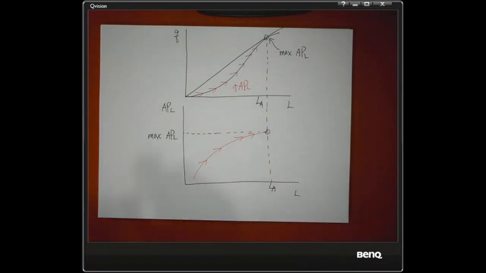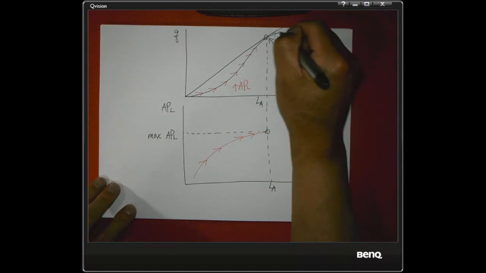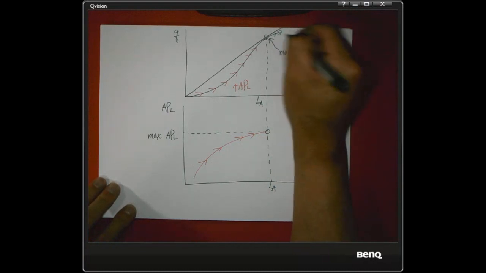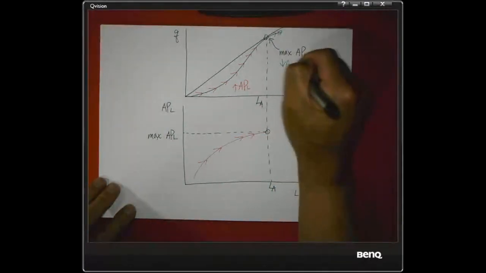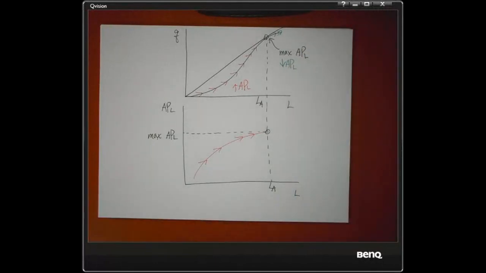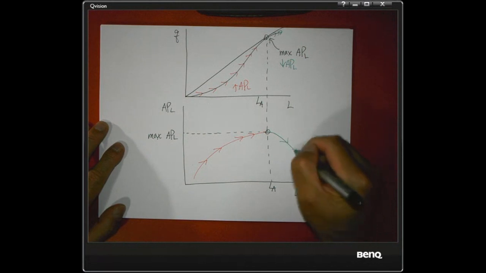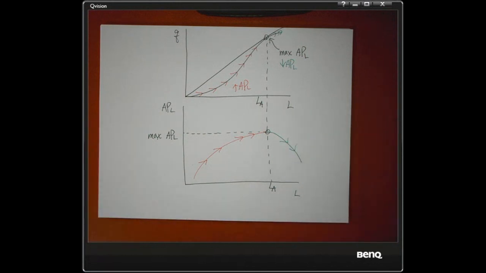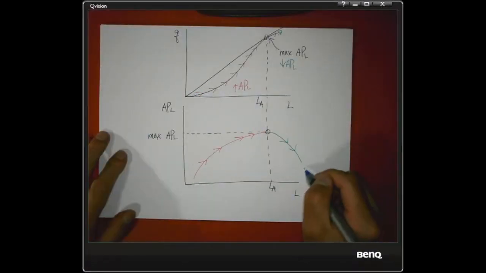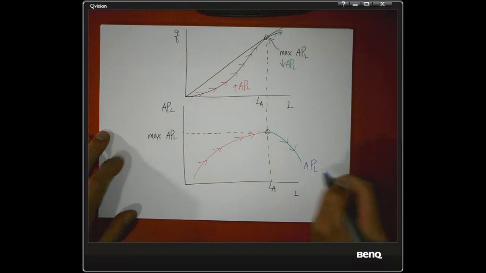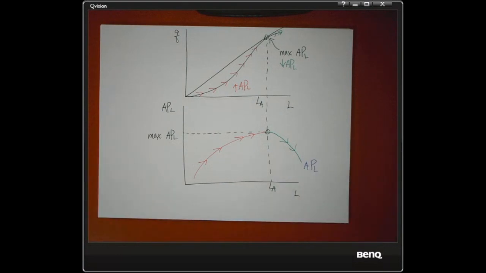And then beyond this maximum, if we continue to use more labor inputs, then the average product of labor will fall, which is like this. So this is the average product of labor curve.